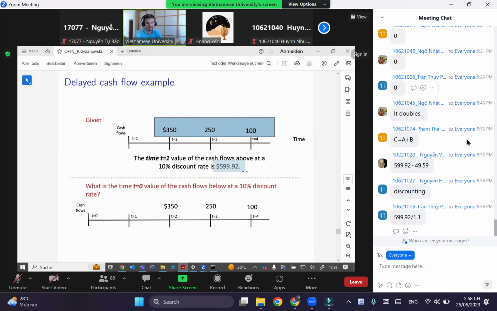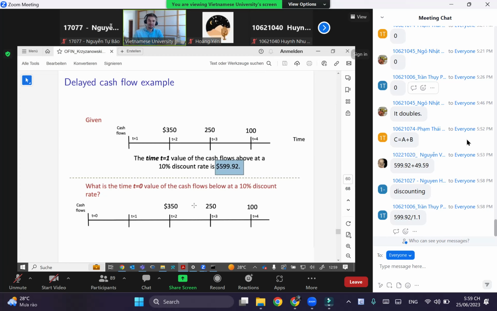What would be the T0 value of the 599.92? Well, I see it already in the chat. It would be nothing else than discounting the 599.92 another period, so go one step further. And how would we do it? Well, we would divide the 599.92 by 1.1.